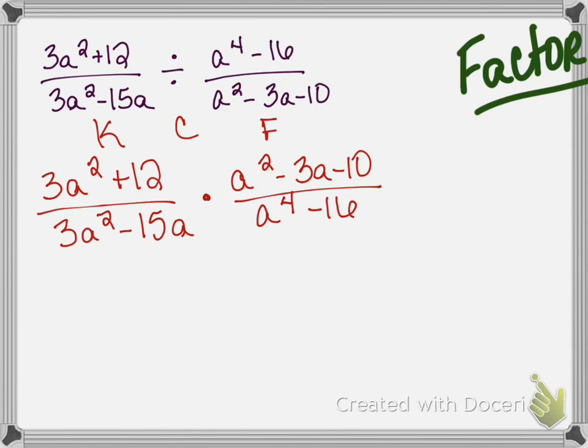Both of these right here are GCFs. You're factoring out a GCF. Pretty straight trinomial. This one might be confusing, so I'm going to do that off to the side so you can see it.